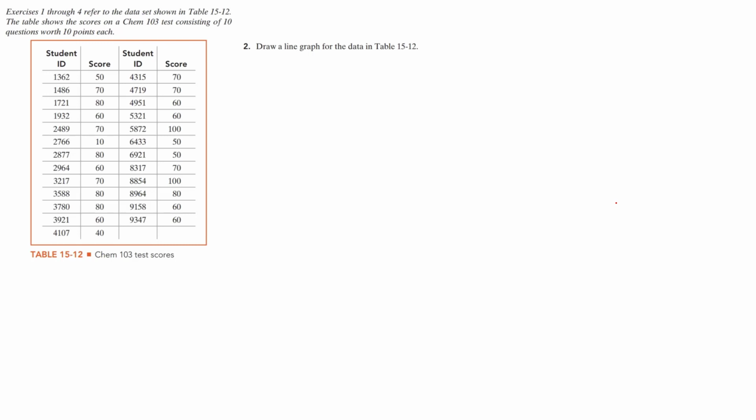And so what we want to do in problem number 2 is draw a line graph for the data in Table 15.2. All a line graph is, instead of making a bar, we put a dot at the height representing each frequency, and then we connect the dots, right? So we're going to start with a frequency distribution.